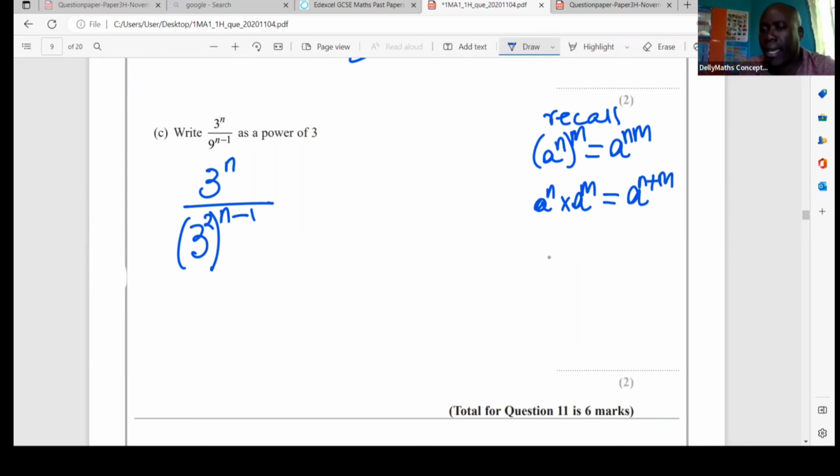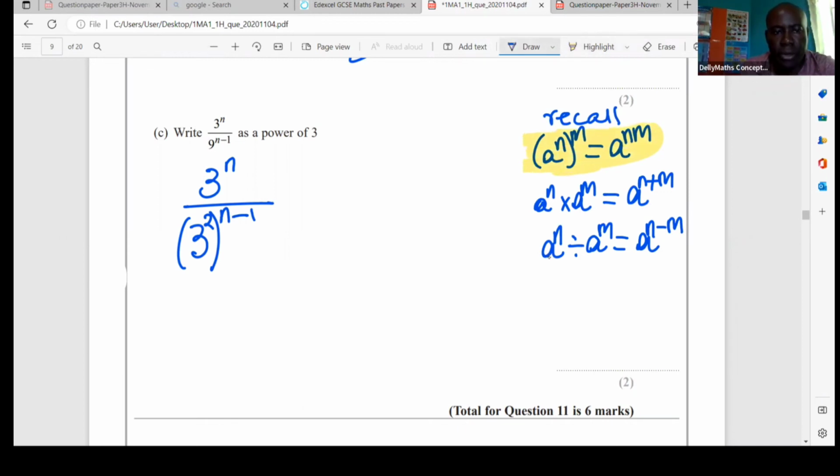When we multiply the same base, we add their powers. Also, a to the n divided by a to the m is the same thing as a to the n minus m. When we divide the same base, we subtract their powers. We want to recall that. So we're going to be using this first one here right now.